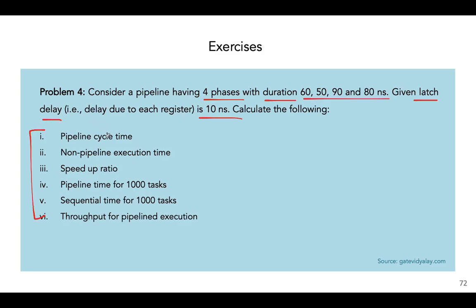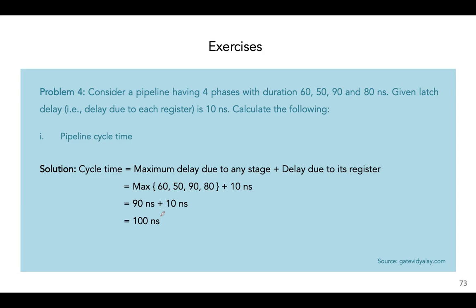First, pipeline cycle time, non-pipeline cycle time, aka non-pipeline execution time, speed up ratio, pipeline time for 1000 tasks, sequential time for 1000 tasks, where sequential is nothing but non-pipelined, and throughput for pipelined execution. Let's take a look at them one by one.